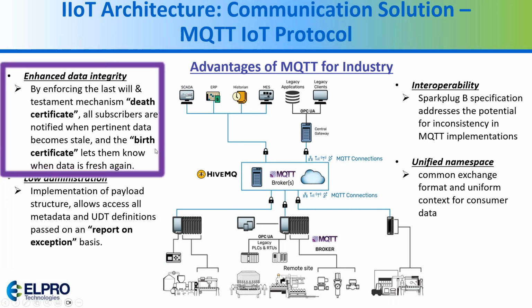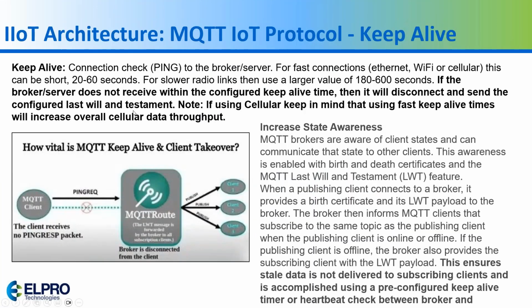To keep the data integrity and make sure you don't have stale data, it sends a birth certificate. So it sends all its information, and then it uses what is called a keep alive ping to keep it alive, so you know you have a connection between nodes. And then if it ever does have a break in communications, it sends what is called a death certificate.